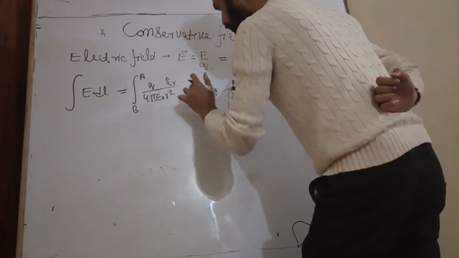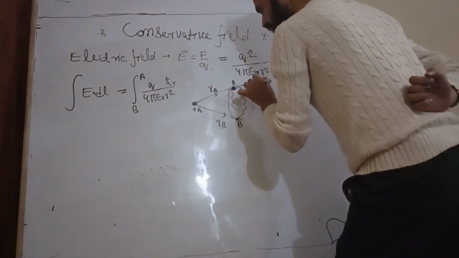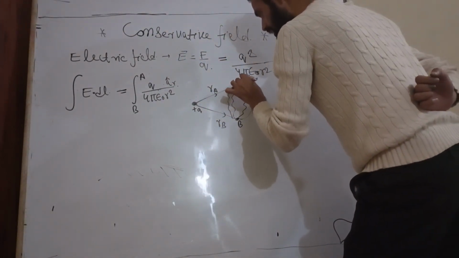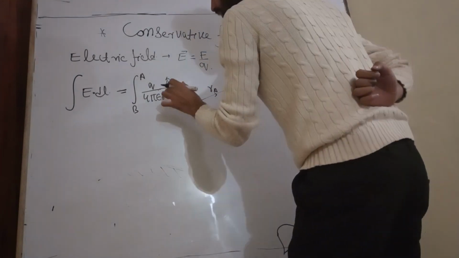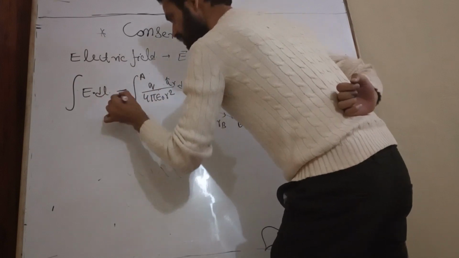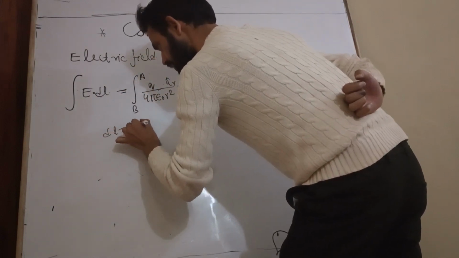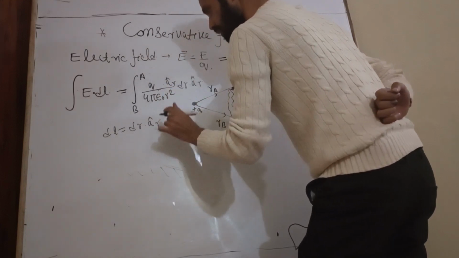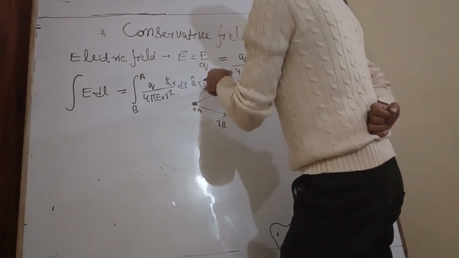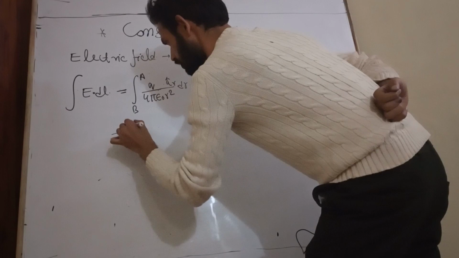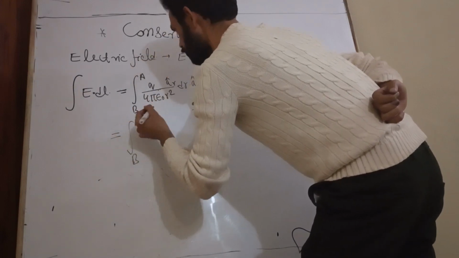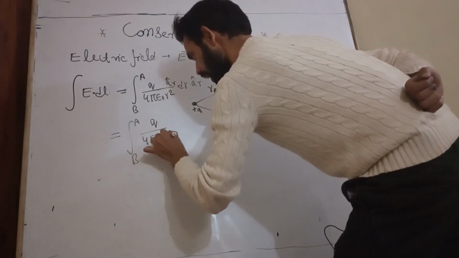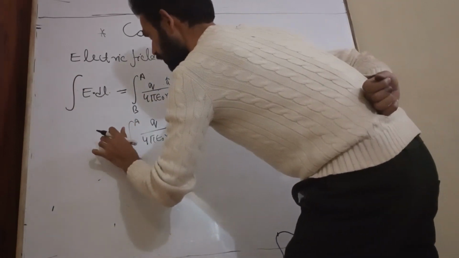Taking a small differential length, dl is dr times the unit vector r, and the unit vector r is unity. So we get the integral from B to A of q by 4 pi epsilon r square dr.